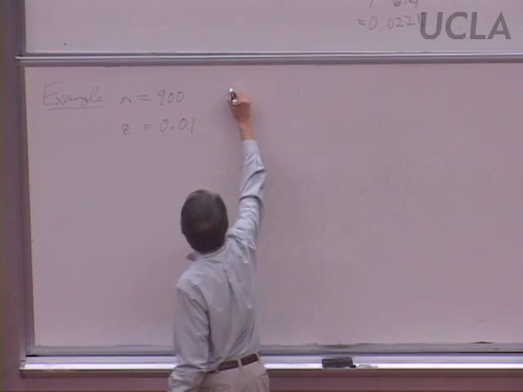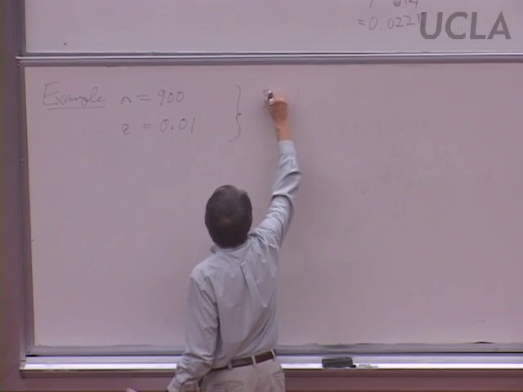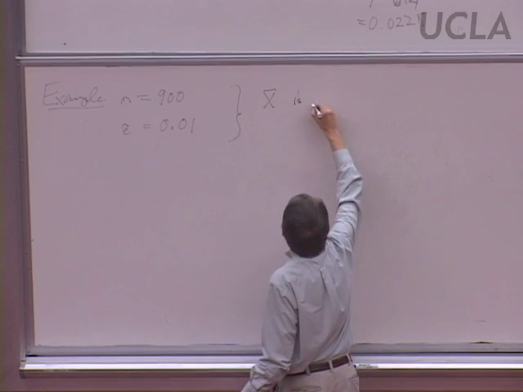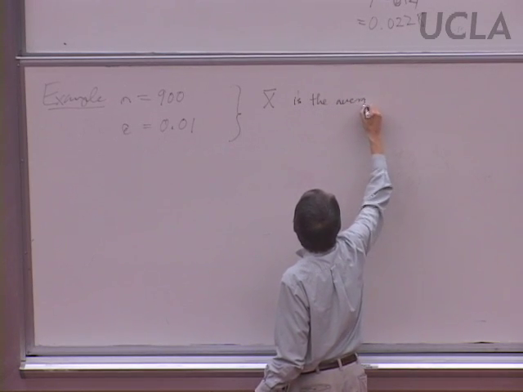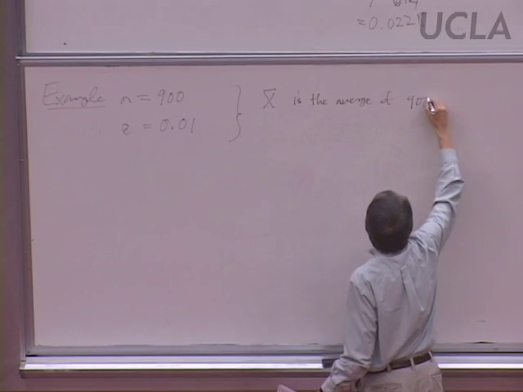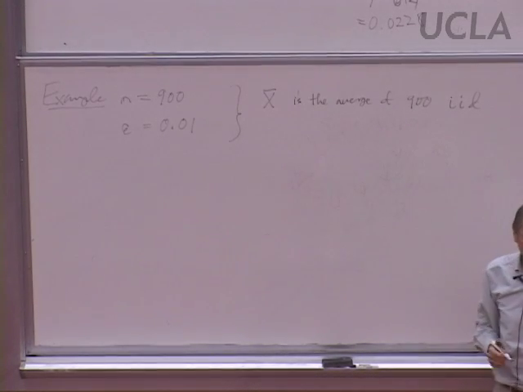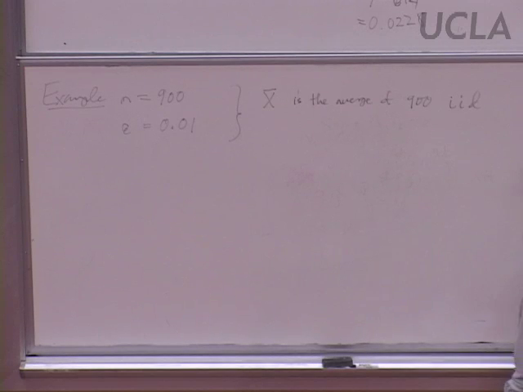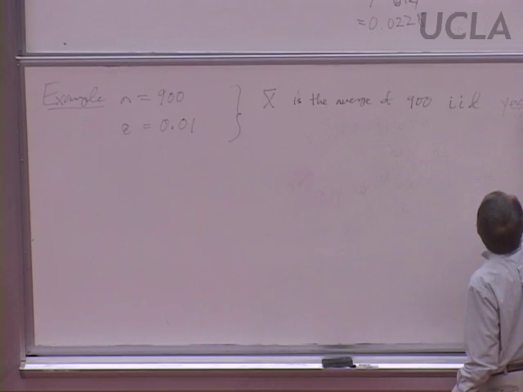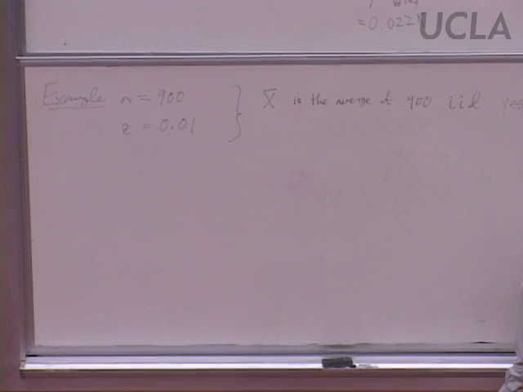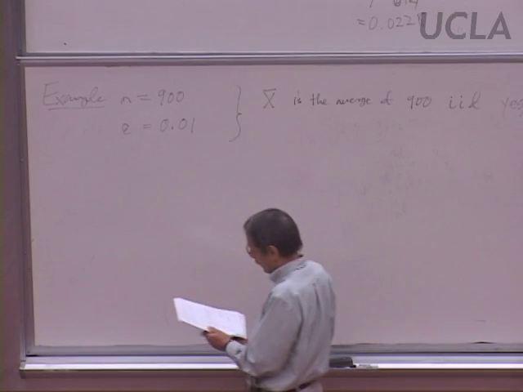So, in other words, the random variable x bar we're looking at is the average of 900 independent, identically distributed binary variables, just yes or no. Yes, are you going to vote for my candidate, or no, you're not? Yes, the treatment was successful. No, it was a flop.